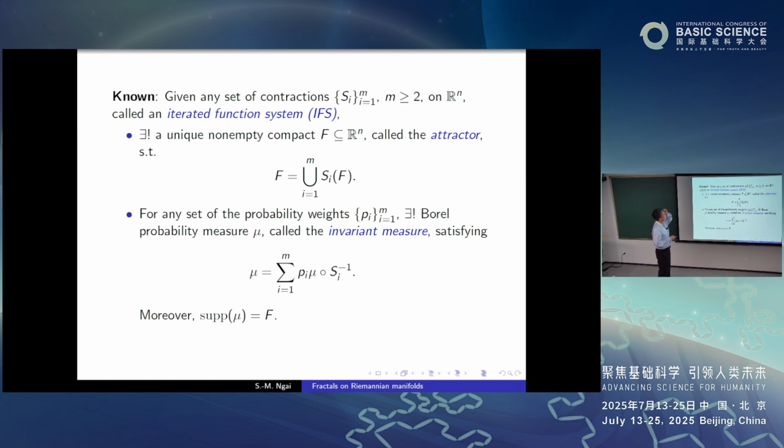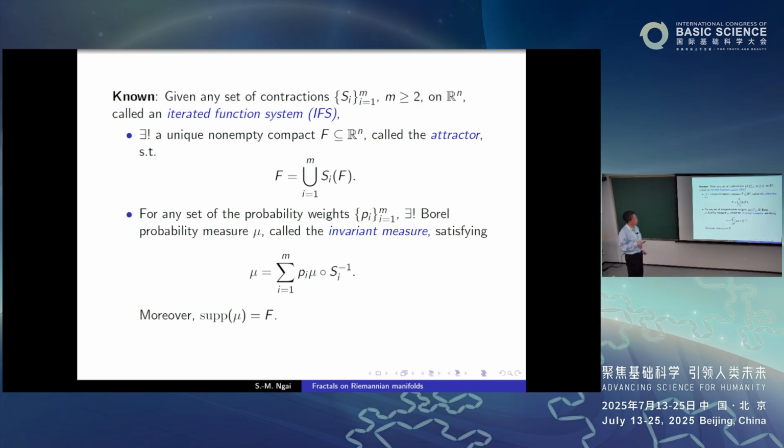An iterated function system on R^n is just a finite family of contractions, which we call S_i. Given any finite family of contractions, it is known that there exists a unique non-empty compact set F, called the attractor, such that F is the union of copies of itself under these contractions.